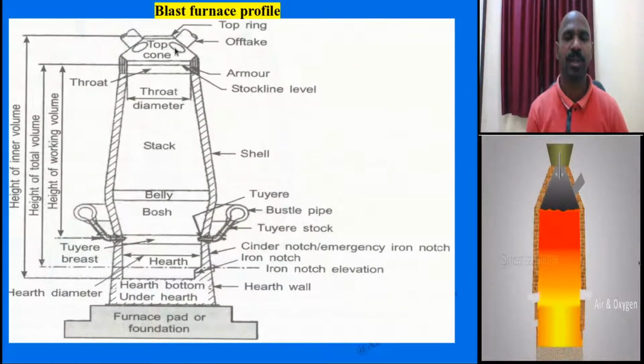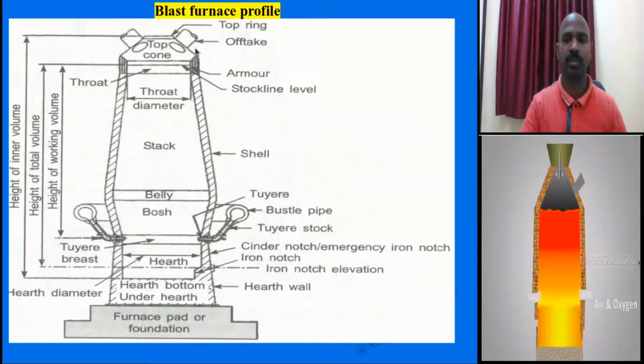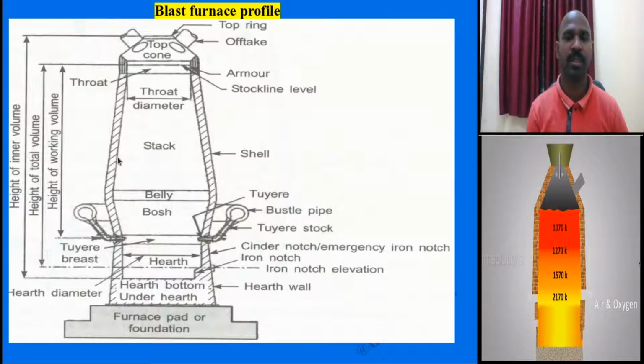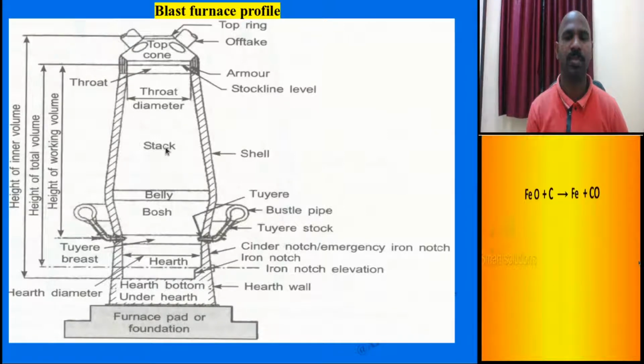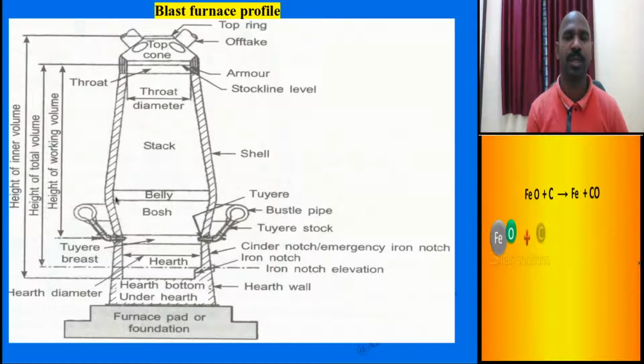This is a simple schematic. Whenever we are asked about blast furnace design or blast furnace profile, you need to mention all these things. This top part we call the top of the blast furnace, or the throat, and below this we call it the stack zone. This middle one we call the belly.